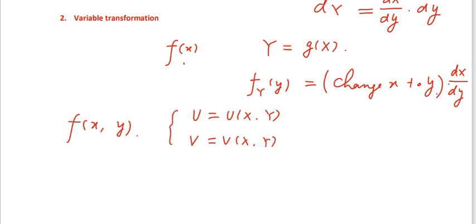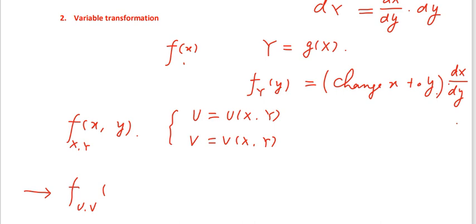So we have new variables u, v. Then for the density function for u, v, at first we just change this x, y to u, v.